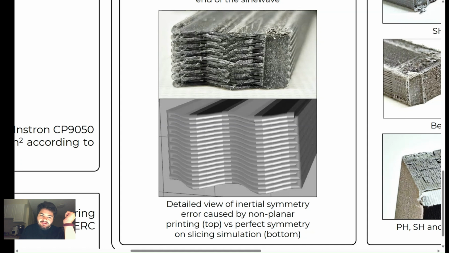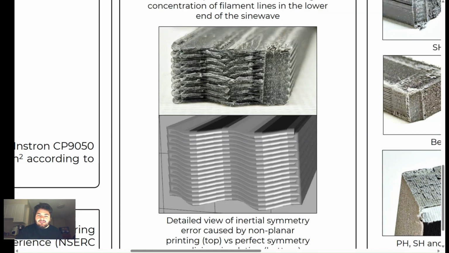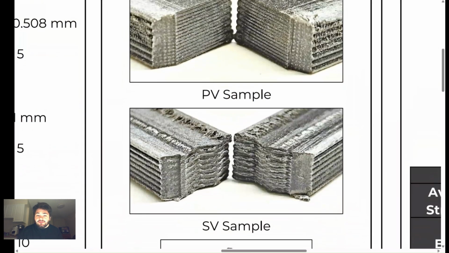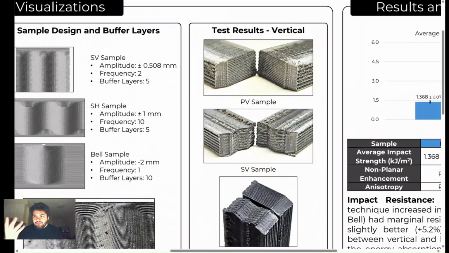So when it's going right to left, it has inertia to one side, and when it's coming back left to right, it has inertia to the other side. So they crisscross, and that further helps the internal part of the sample to be a little more fuzzy, not so smooth as the planar sample that we can see here. So you can see it's more fuzzy, and that helps the sample to withstand more energy before breaking. So we need more energy to break the sample, and that's the purpose of the impact test.